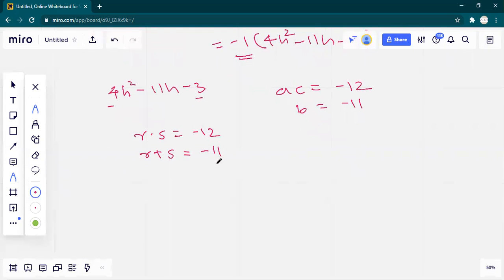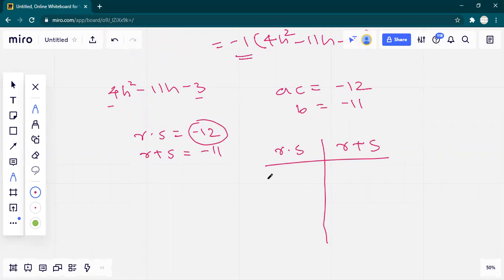Okay, let us prepare a table of r plus s and r times s. The first factorized form of -12 is -1 times 12. If you sum, you will get positive 11.